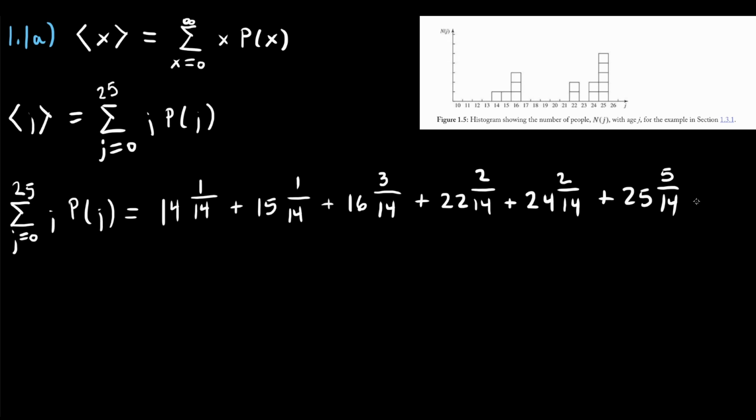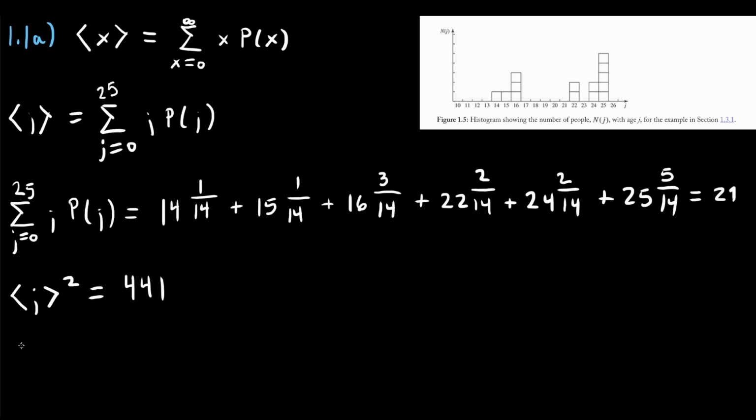This will end up being equal to 21. So the expectation value of j squared, the square of the expectation value, is 21 squared, which is 441.